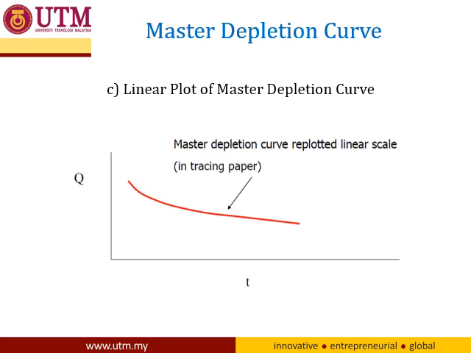Okay, once we get that line, remember we got the linear regression line, then we may convert the line to Q, anti-log it, so that we can get Q. So we have this master depletion curve linear scale line in tracing paper. So this is the conventional way, we draw it on tracing paper, but we can also create this line using Excel.